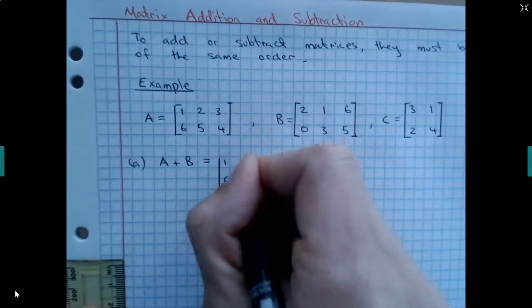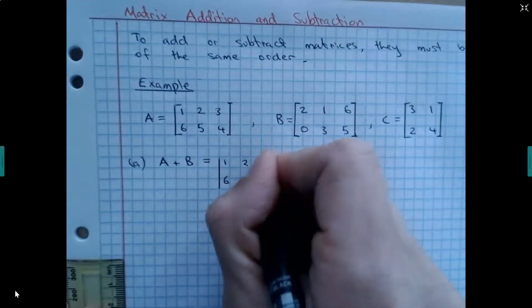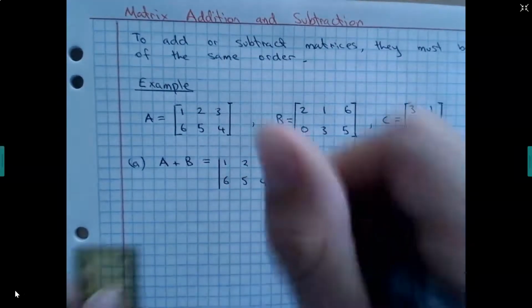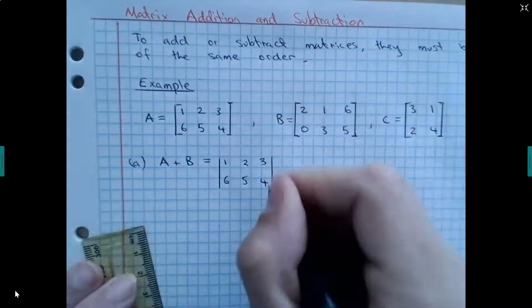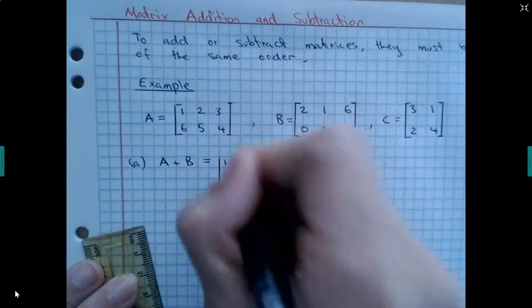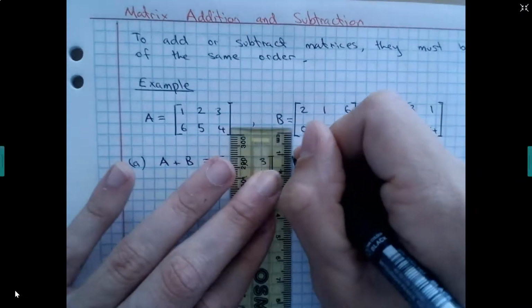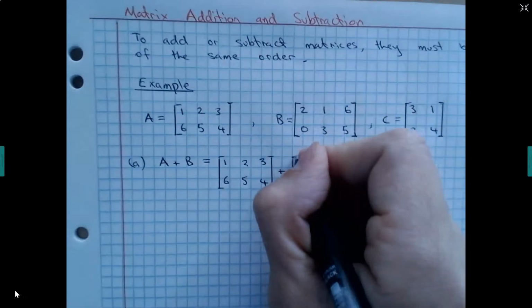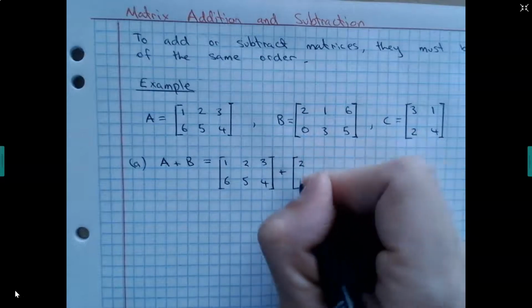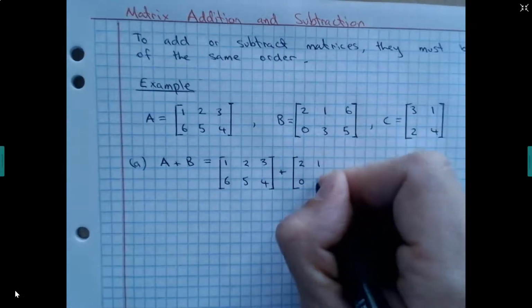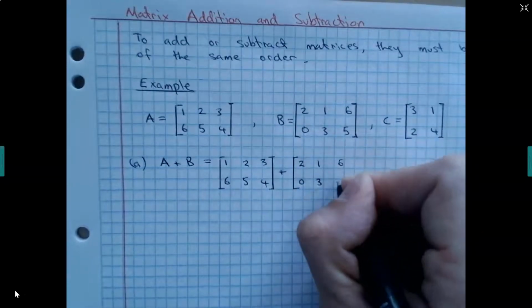So I'll start out by writing each of the matrices again. 1, 6, 2, 5, 3, 4, plus B, which was 2, 0, 1, 3, 6, 5.